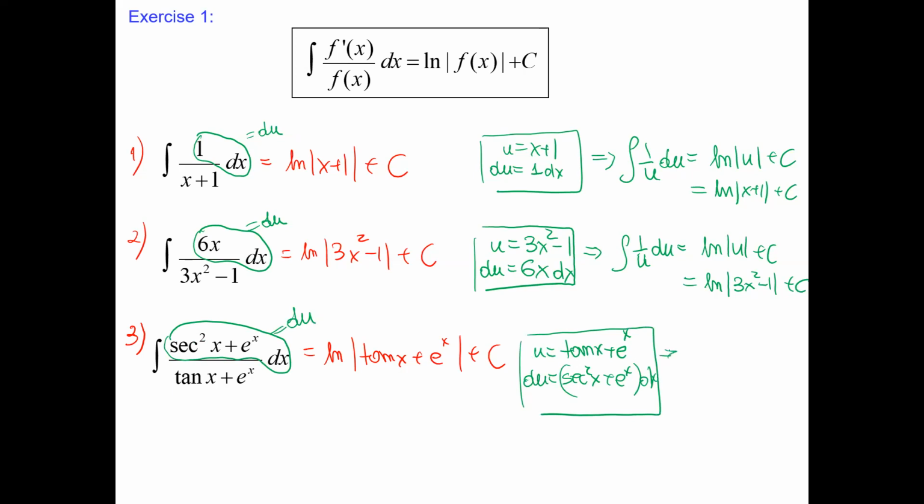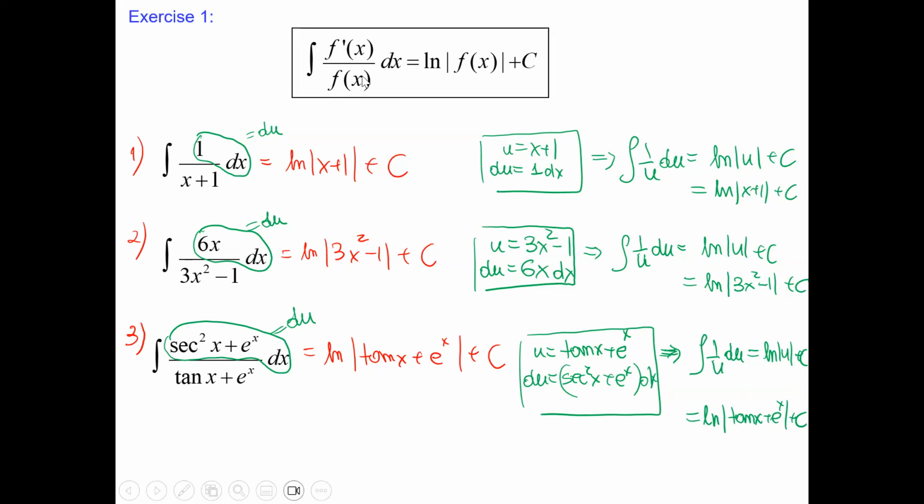Then the corresponding integral, you may guess, is just 1 over u du. Natural log of u, and we may put back, instead of u, the original expression, tan x plus e to the x. We may skip the green part if you remember that this will work.